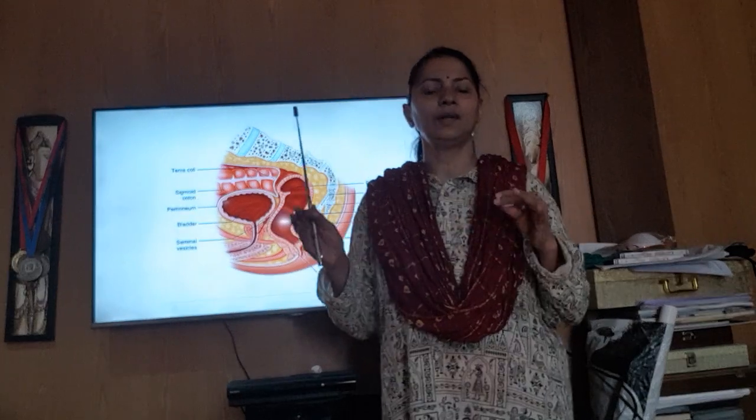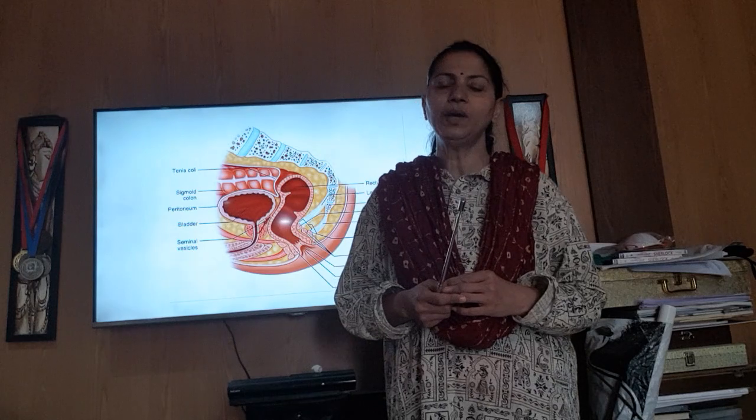The condensed fascia, condensed peritoneal folds, they are not going to give big support. But yes, because they are connecting, we do call them as accessory support. So the main support of rectum is same as that of other pelvic organs. That means the pelvic diaphragm.